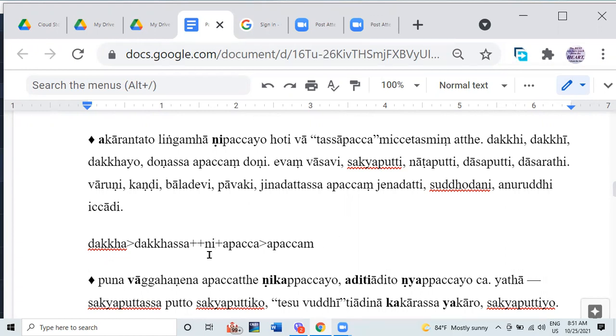But firstly, after adding Nisapis, we have to drop the case endings and then the word Apajan. So finally, we get only Daka plus Ni.